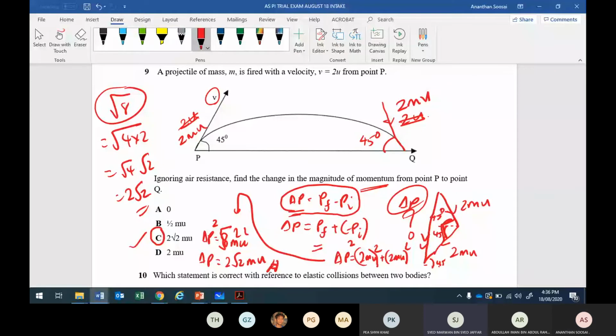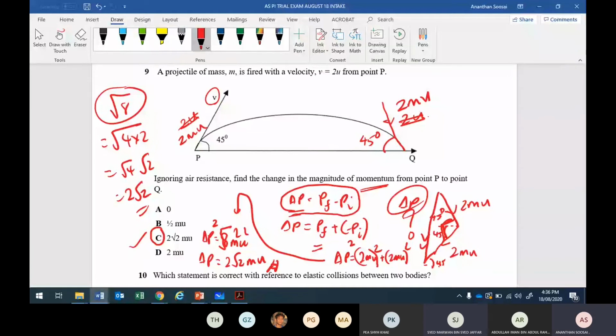Can we use the vertical horizontal component way? Vertical horizontal you can, but it's easier for the resultant. Vector addition you can use the vector triangle to do this.